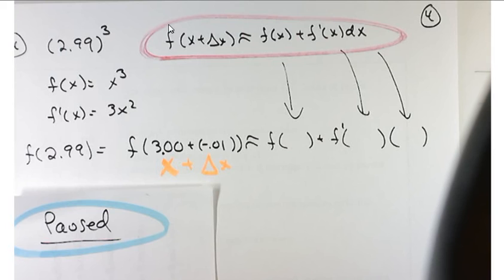Except the square should be with 3. That would be 3x squared. Alright, so plug in 3 here.